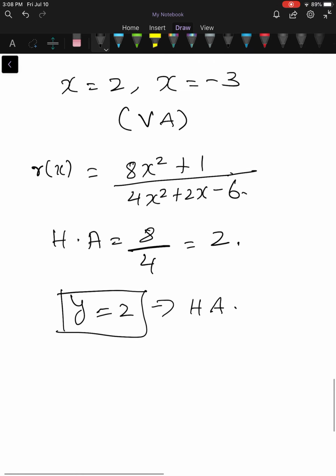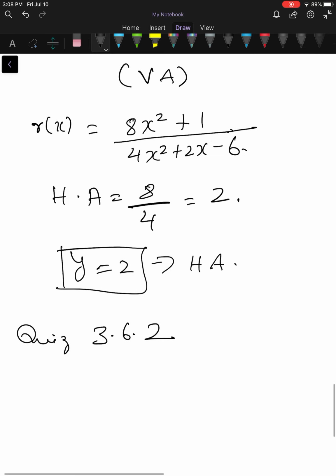This was pretty easy. And here comes your quiz 3.6.2. This would be problem number 40 and 42.